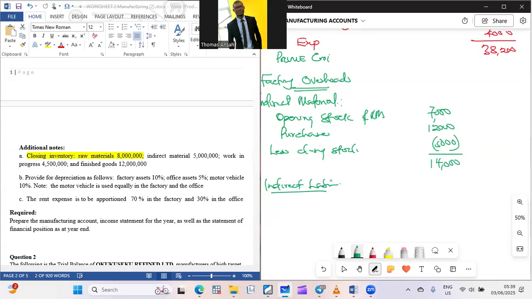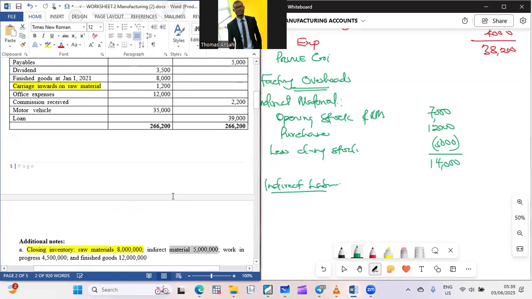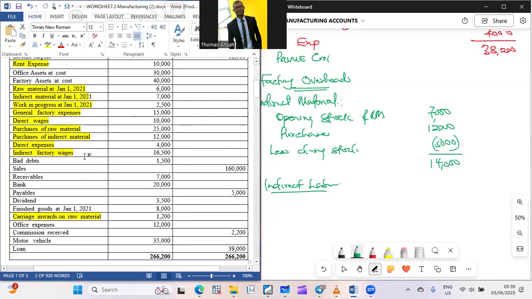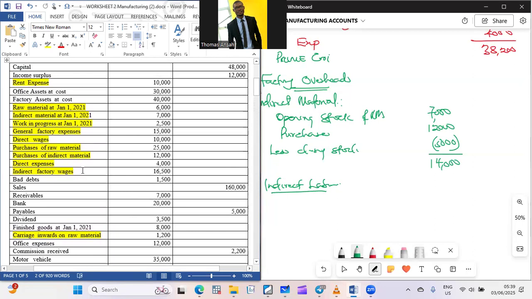The indirect labor, we were given straight away. That is the indirect factory wages, 16,500. All right, we had that. Then we have the indirect expenses. That is the one that is plenty, right?